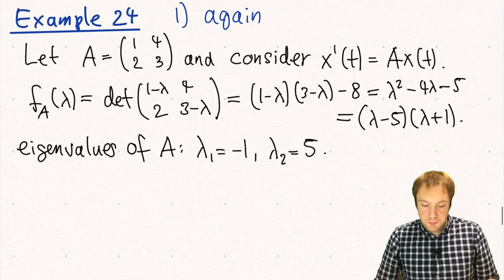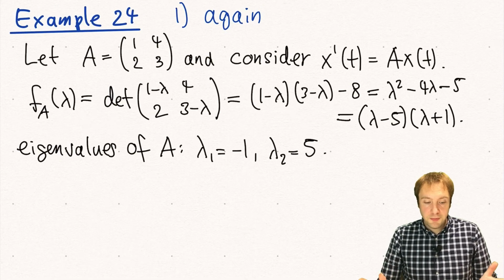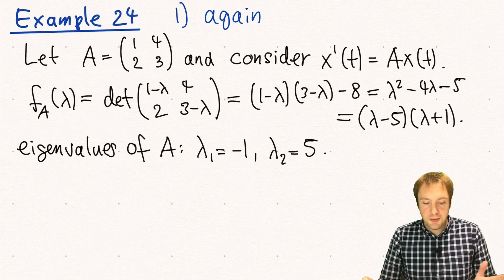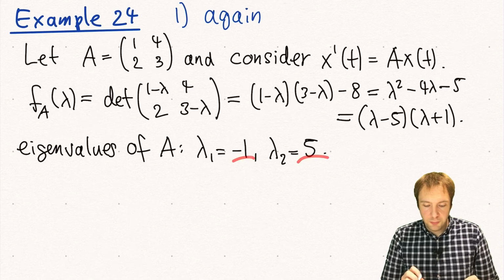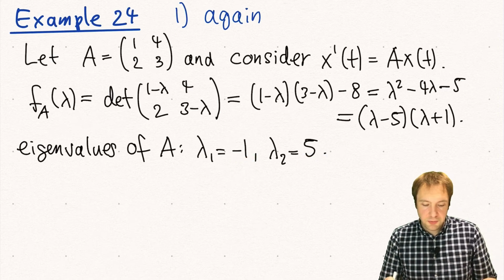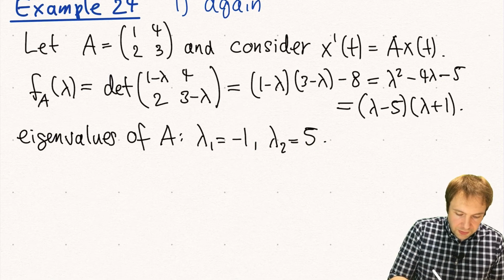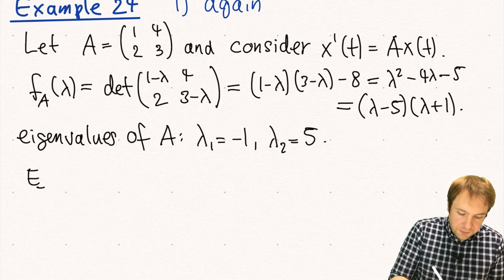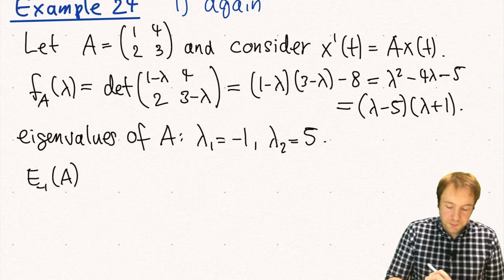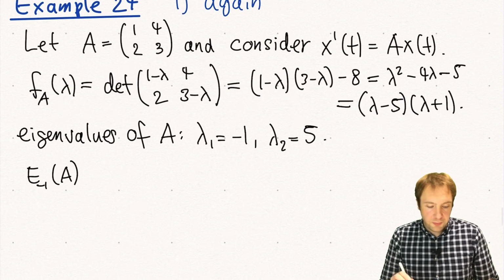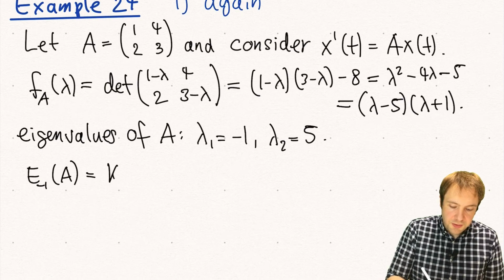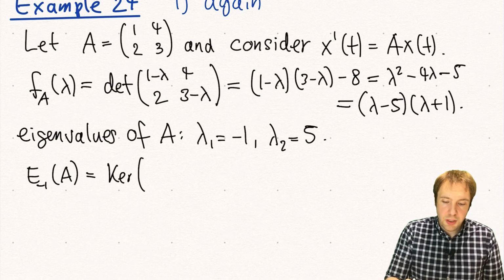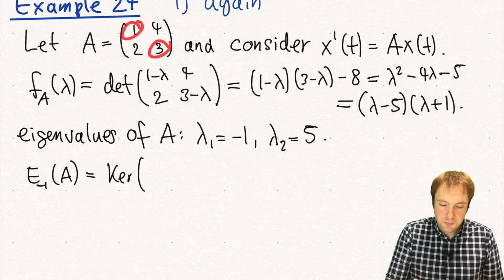And then we now want to find a basis of R2, in this case, made out of eigenvectors. So for each of these eigenvalues we need to find at least one eigenvector. So we can calculate the eigenspaces. The eigenspace for the eigenvalue minus 1, by definition, is the kernel where we subtract the eigenvalue on the diagonal.